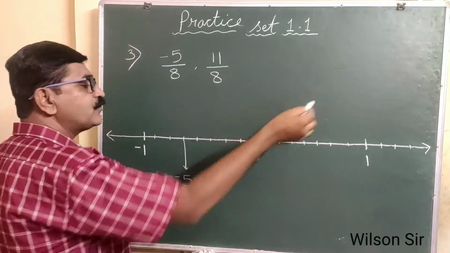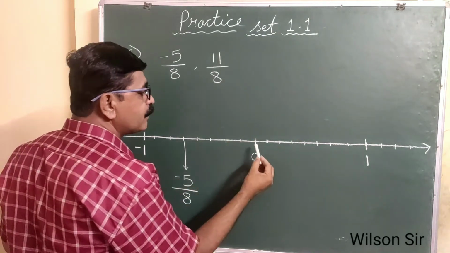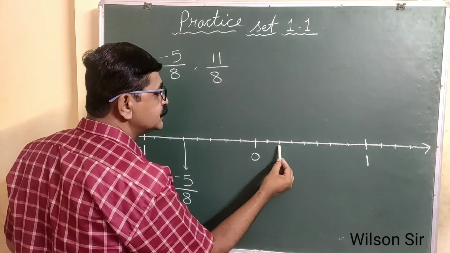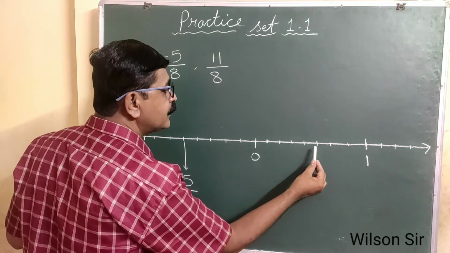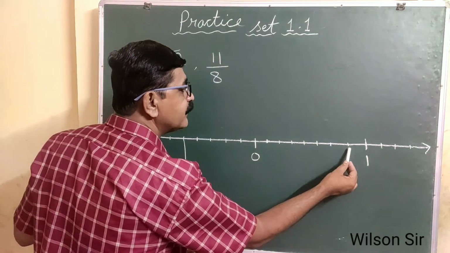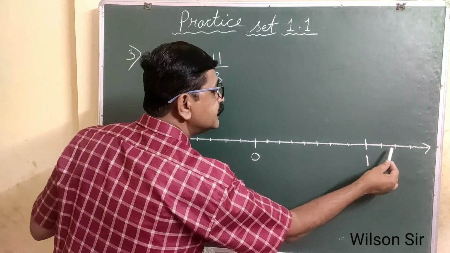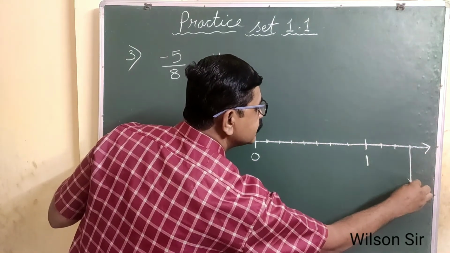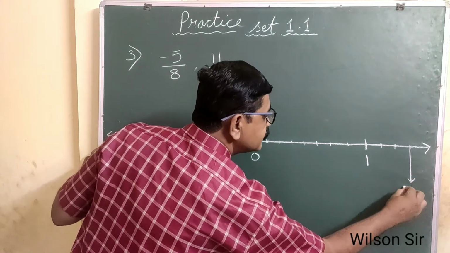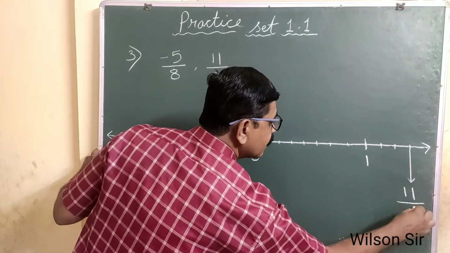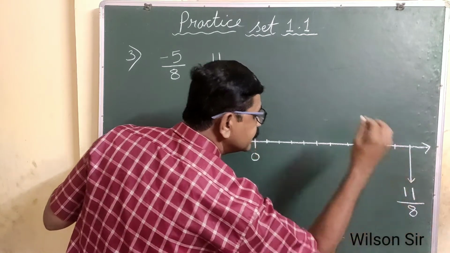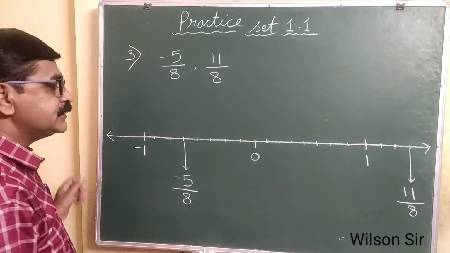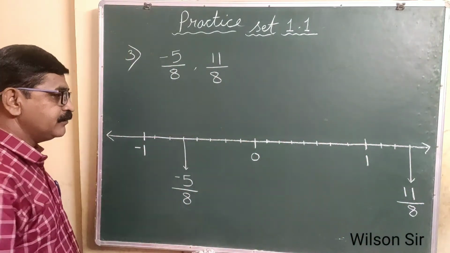So from 0 you have to count 11. 1, 2, 3, 4, 5, 6, 7, 8, 9, 10. This is 11. So here you will count it as 11 upon 8. So thus we have shown these two numbers on number line.